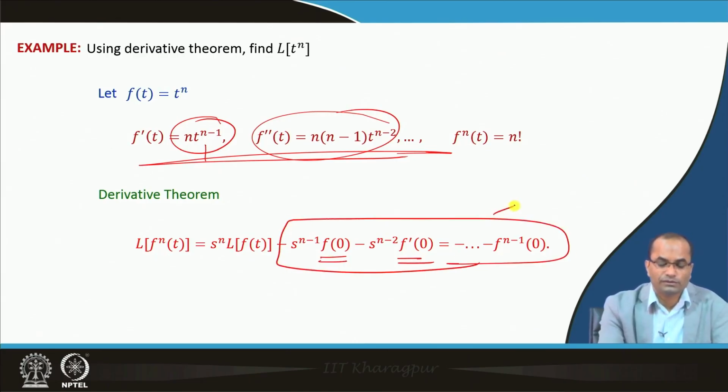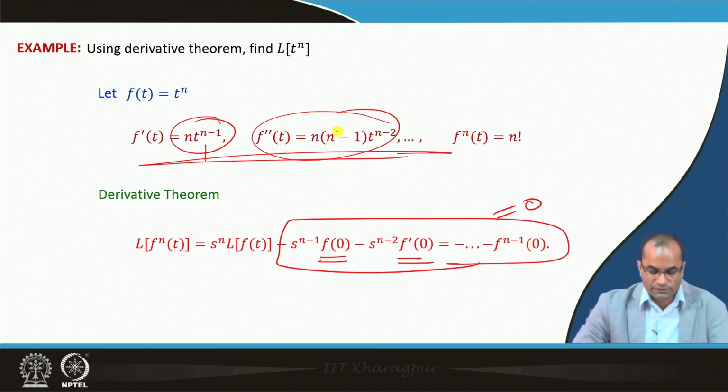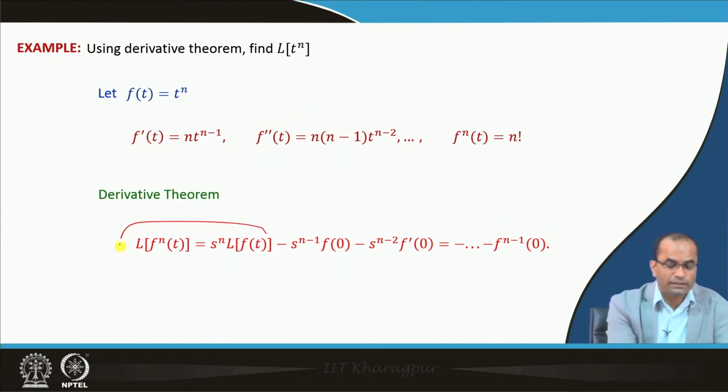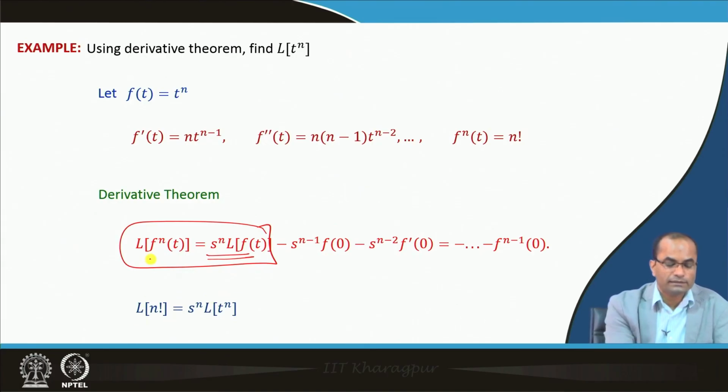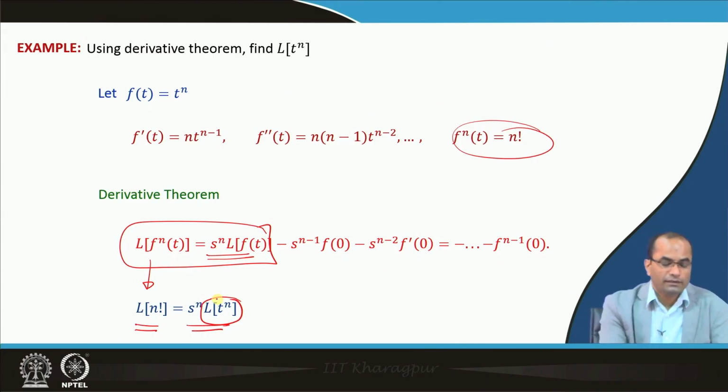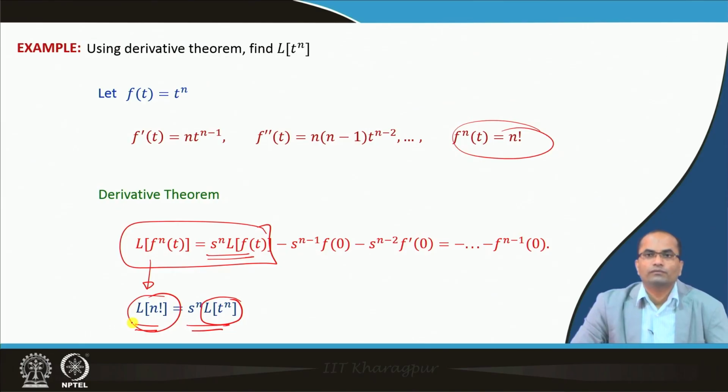So, this portion will be 0 for this function, and then we have only the Laplace of f n t equal to s to the power n times the Laplace of f t. Applying this, on the left hand side we have the Laplace of the nth derivative, which is factorial n. So, the Laplace of factorial n is equal to s to the power n times the Laplace of t to the power n. The Laplace of this constant, because factorial n is a constant, is factorial n times the Laplace of 1, and we know the Laplace of 1 is 1 over s.